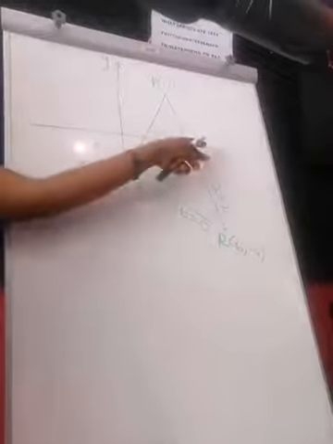The reason is that whenever you do the tan inverse of the gradient, you're going to get an acute angle. And an acute angle can be a positive acute or a negative acute. So when we do the line which is a decreasing function, we get a negative angle because the acute angle is the angle that is measured in the clockwise direction.